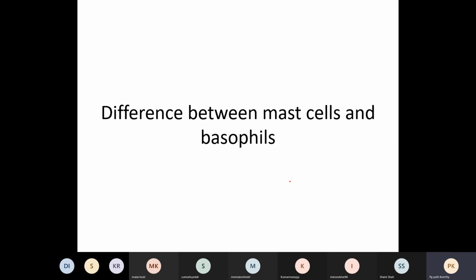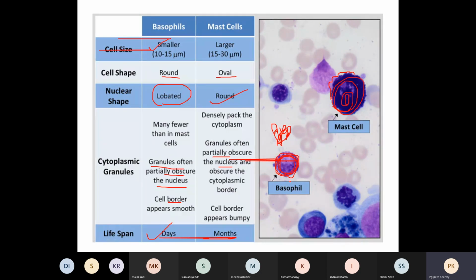Now, what is the difference between mast cells and basophils? This is the most common question they might ask you in the viva. Basophils are smaller compared to mast cells. Basophils are more round and mast cells are oval. Basophils have bilobed nuclei, which are obscured by the dense basophilic granules, whereas mast cells have a round to oval nucleus with dense basophilic granules.